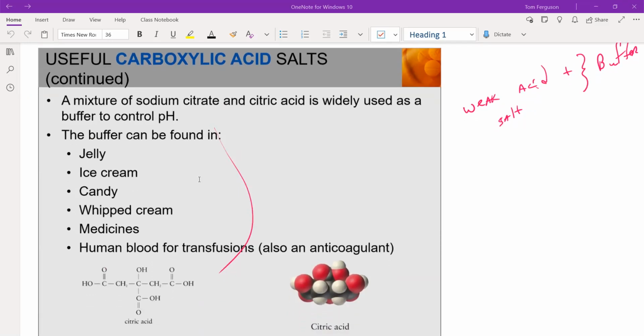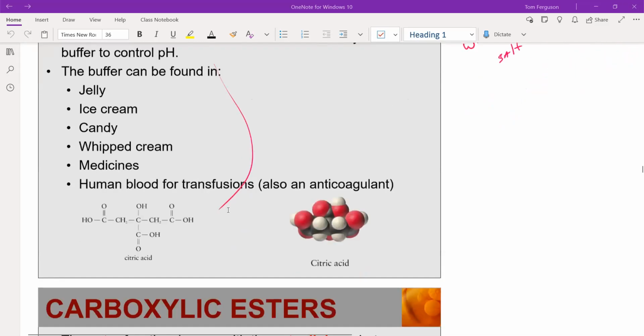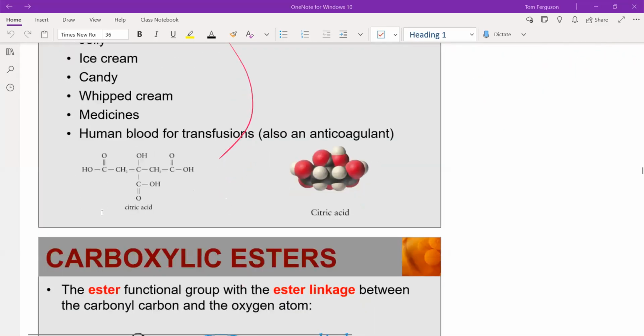We had talked about how ubiquitous both carboxylic acids and their respective salts are biochemically. You see them in ice cream, medicines, etc. All of you have heard of citric acid.